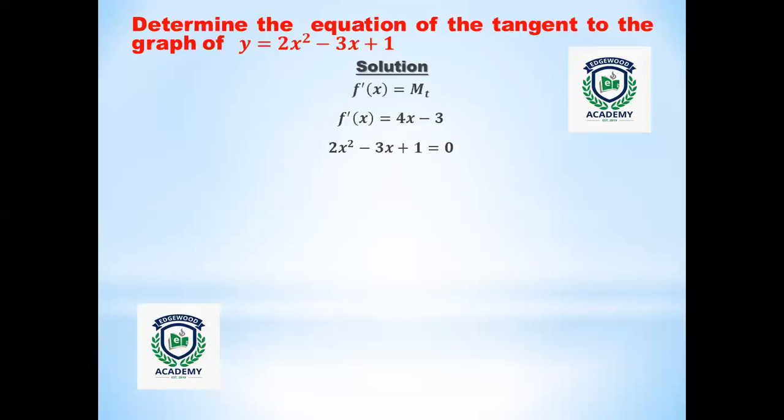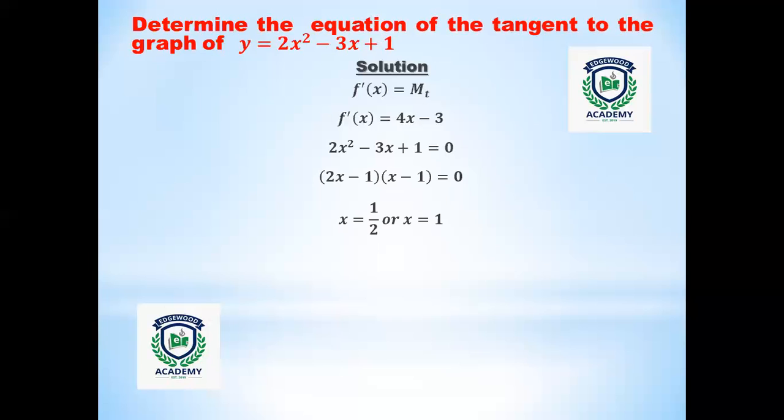As a result, we have to determine the x value. So we take the original equation and equate it to 0 so that we can look for the x value at the point of contact. Using factorization, or you can use the quadratic formula to solve this, you're going to have two x values.